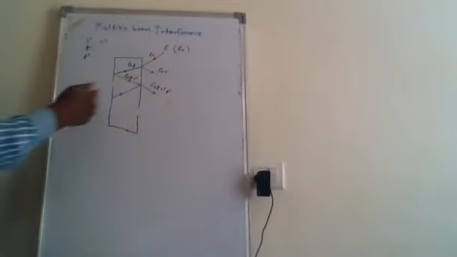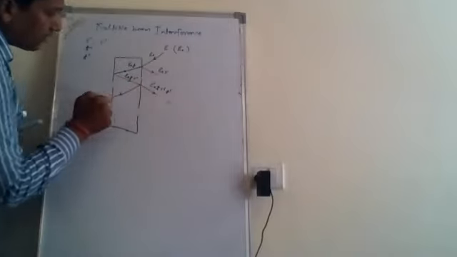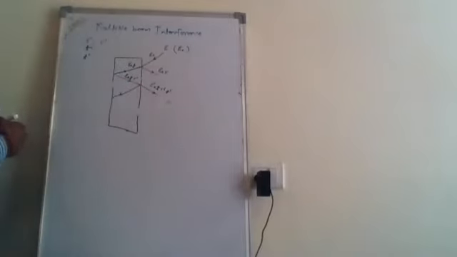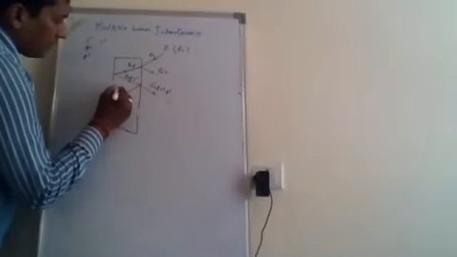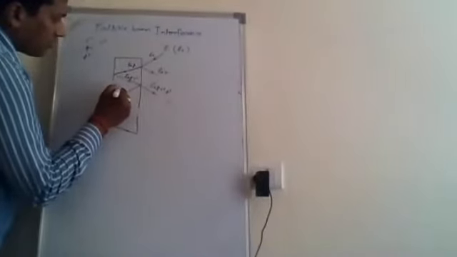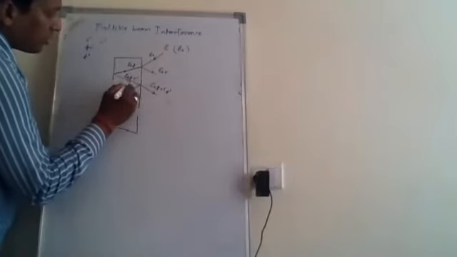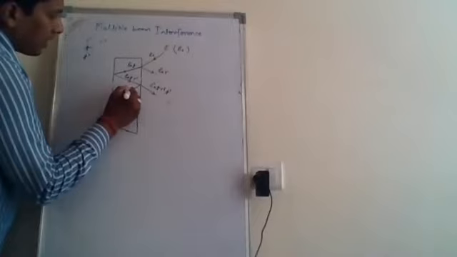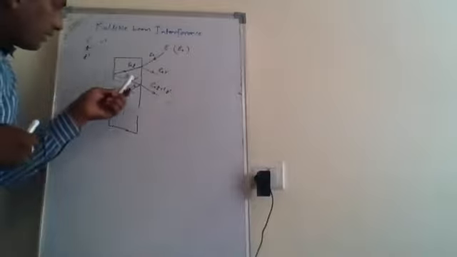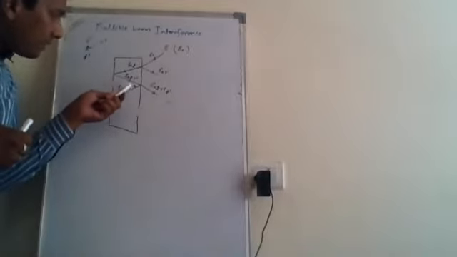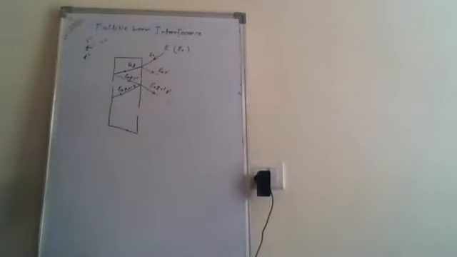And the light which is again reflecting from this point with reflection coefficient R prime has amplitude E naught T R prime square, because the light is reflecting inside, so it is R prime into R prime, R prime square.